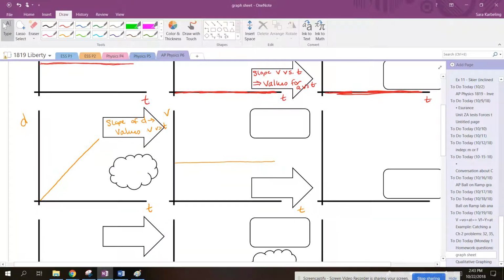We're going to make an observation here just to help us understand this. The values here are constant and positive. Oh, by the way, the slope here was constant and positive.